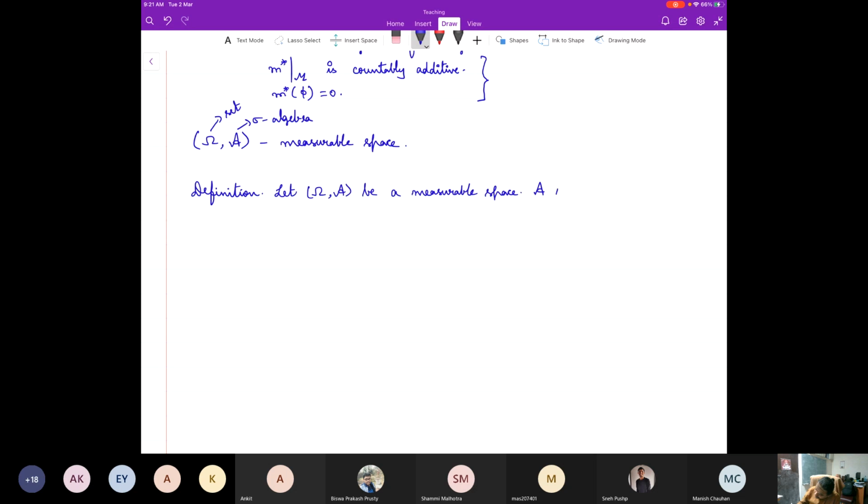A function mu from a to closed 0 comma infinity is called a measure on omega comma a if, first one, mu of the empty set should be 0.